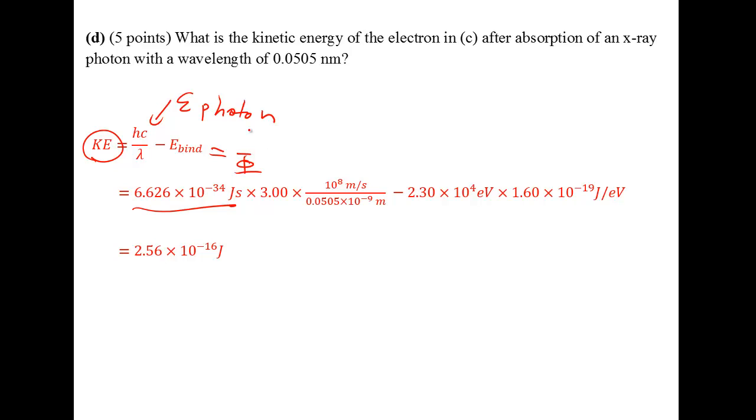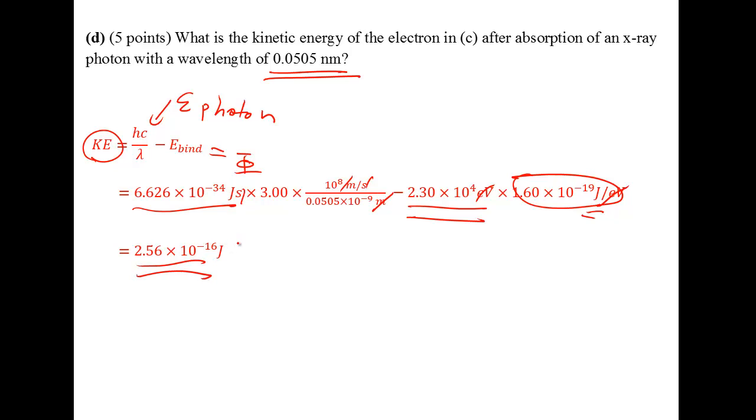Planck's constant is 6.626 times 10 to the minus 34, and the speed of light is 3 times 10 to the 8, and 0.0505 nanometers is 0.0505 times 10 to the minus 9 meters. And you plug in the binding energy that you found in the previous part after you convert it into joules. So seconds cancel out, meters cancel out, eV also cancels out, and you end up with the kinetic energy in joules.